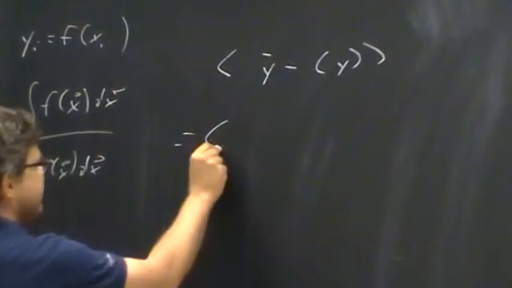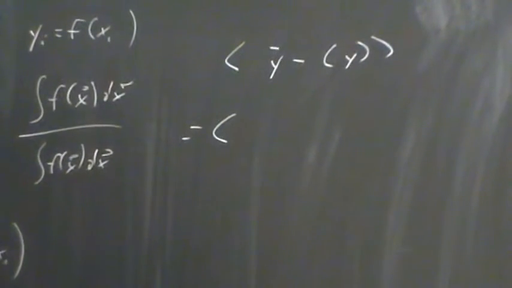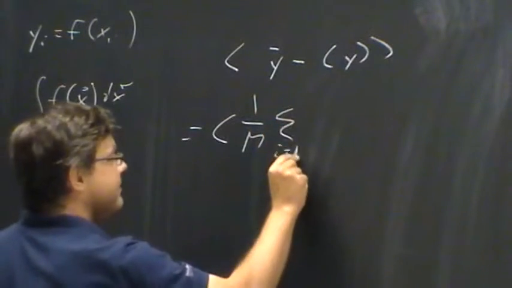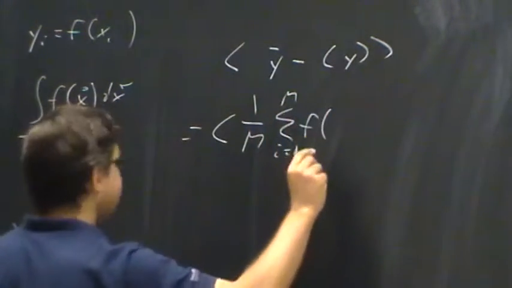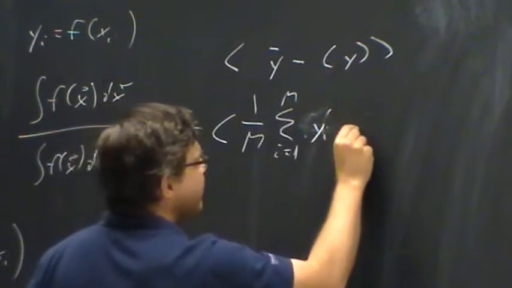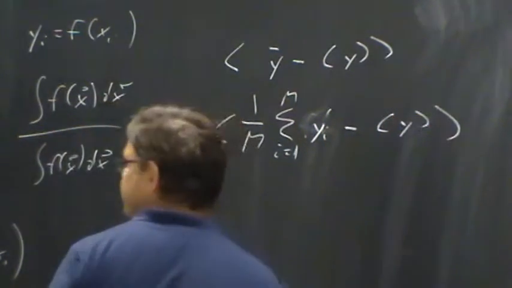And that is just the expectation value of 1 over m, sum i equals 1 to m, f of yi minus the expectation value of y.